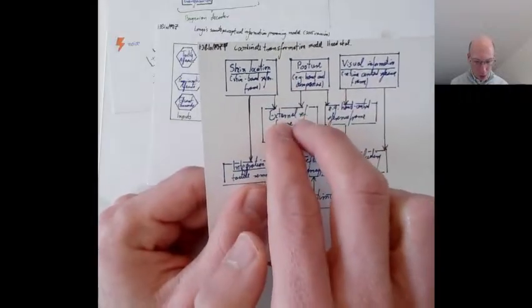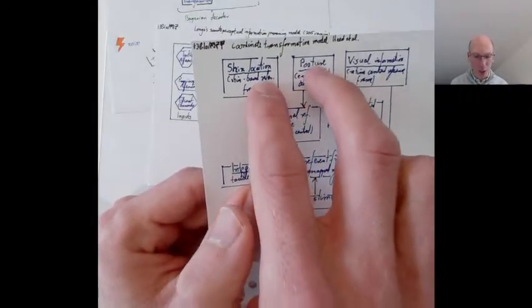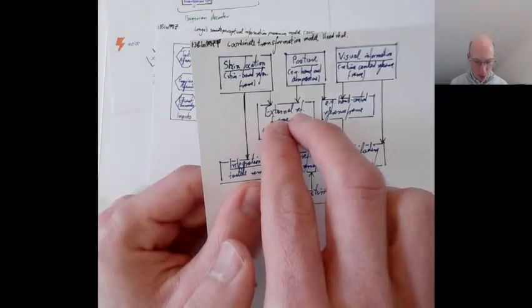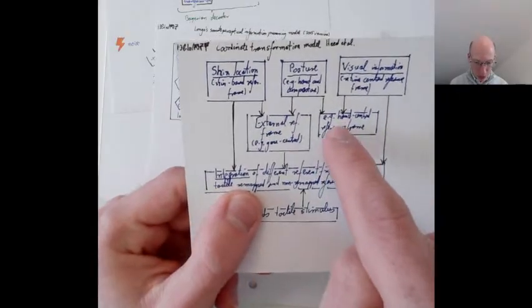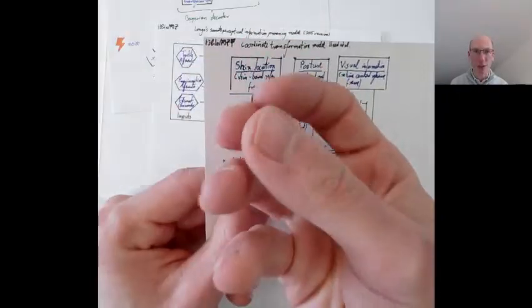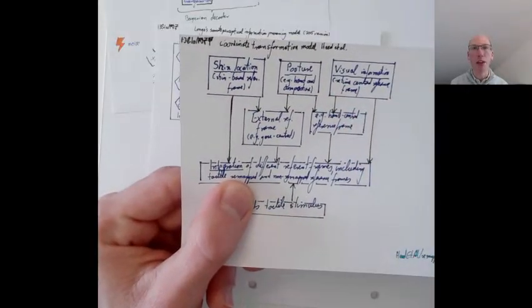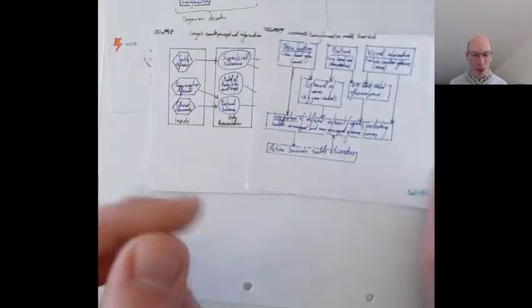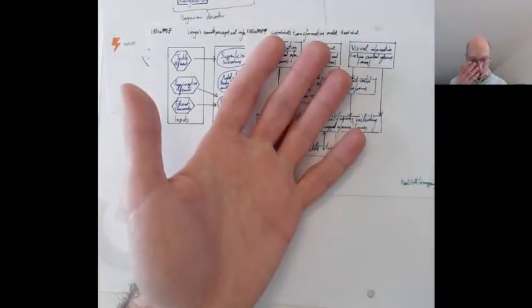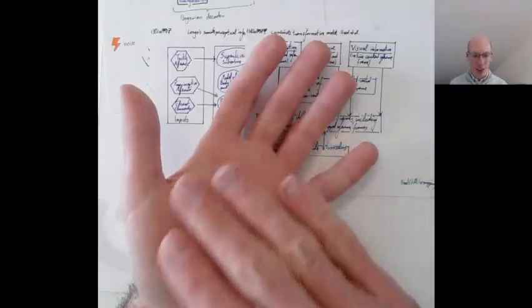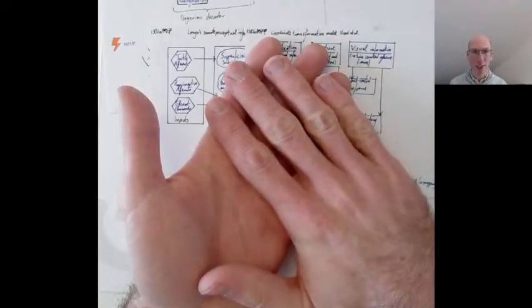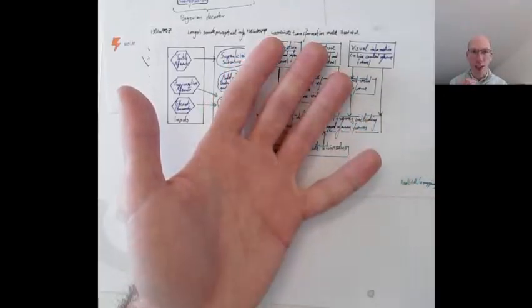The information from these two sources is combined. But at the same time, the posture information, where is my hand located in space, is also combined with visual information. That means when I'm looking at my body, in this case my hand, how does it look, where is it located in space?